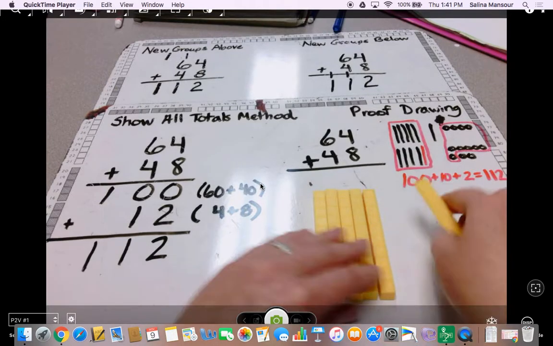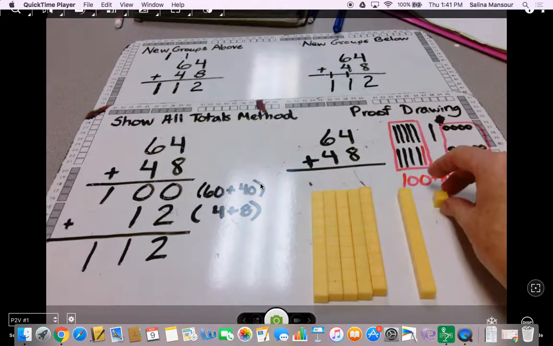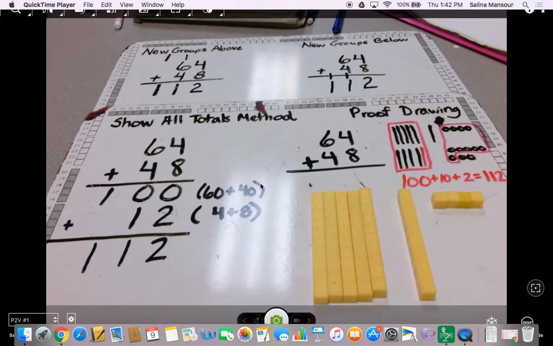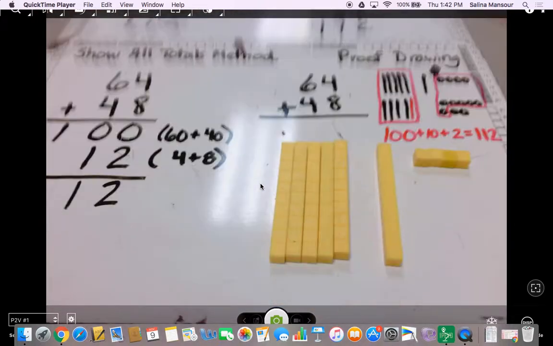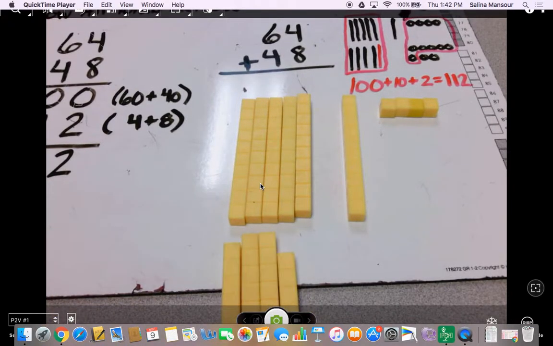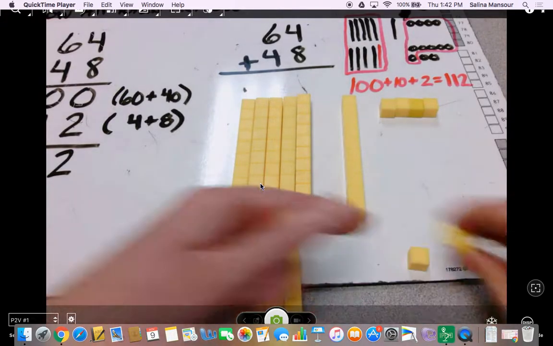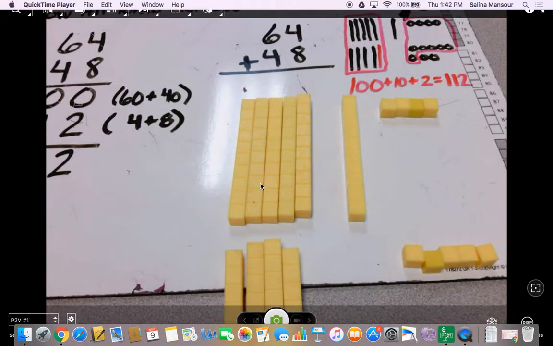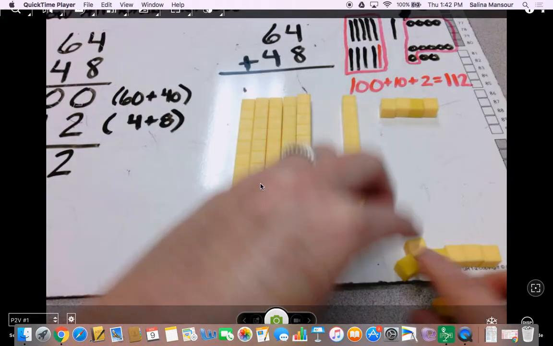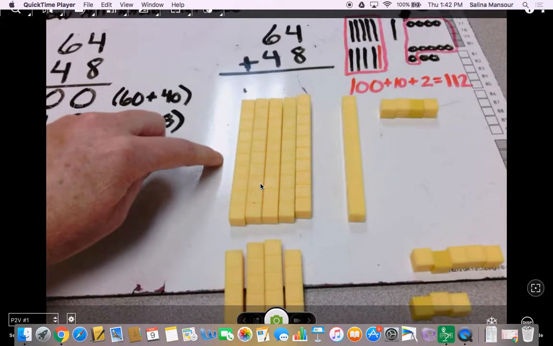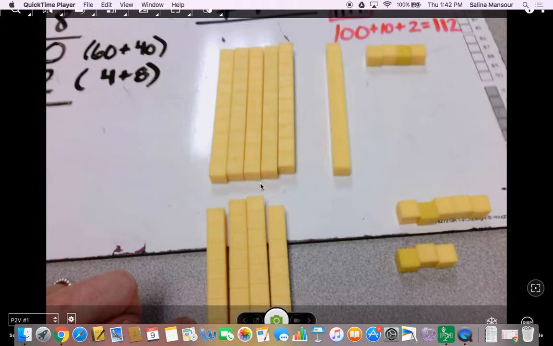So if I had 50, 60, 64, and I'm going to just zoom down a little bit so that you can see, plus 48, 10, 20, 30, 40, 1, 2, 3, 4, 5, 6, 7, 8. So here I have 64, and here I have 48.